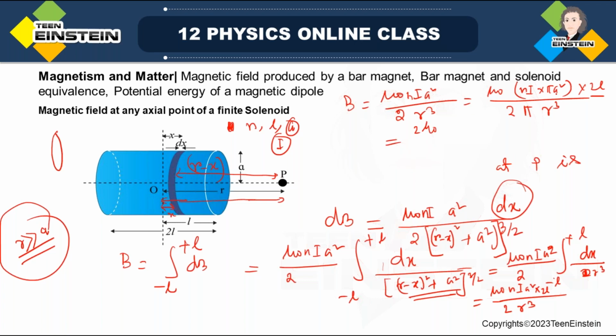See, I into A means I into area, that is actually the magnetic moment. So here there is IAN, so the total number of turns will be N into L, into I, that is the total current, and then the area multiplied with that.